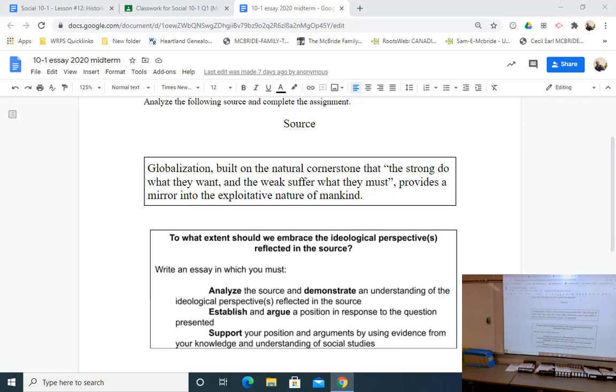Within that first analysis paragraph, we unpack the source. We look at the significance of the language. What does it mean when they say the strong? Maybe you define the strong. You talk about how the term the strong may mean different things: a military strong, a political strong, a social strong, a cultural strong, or a moral strength.